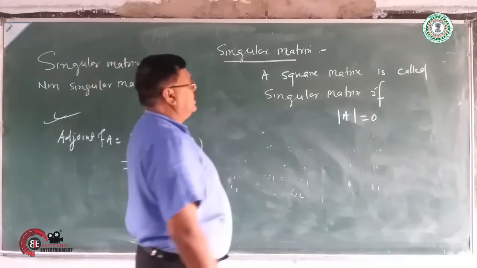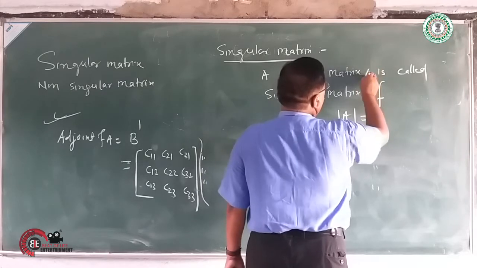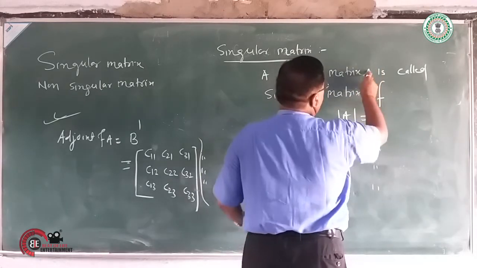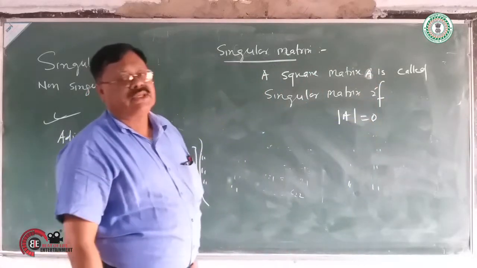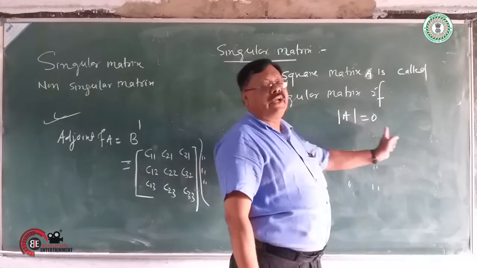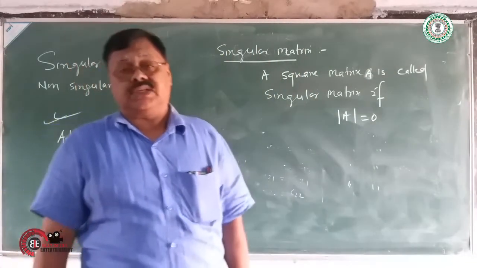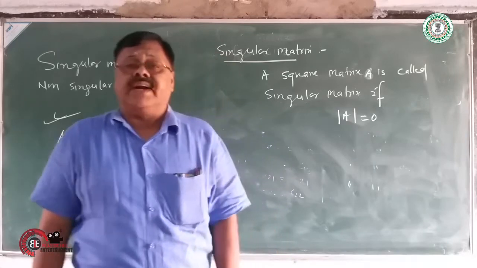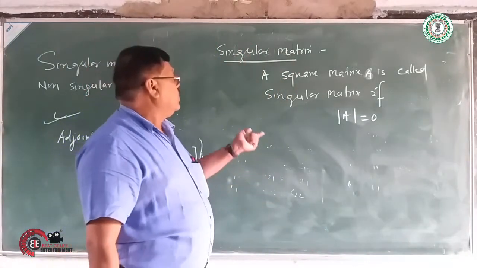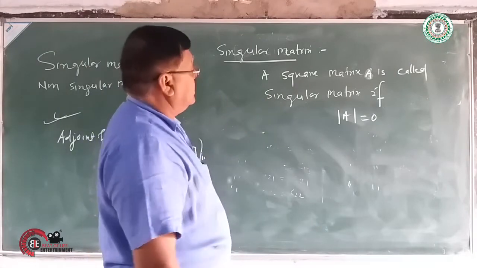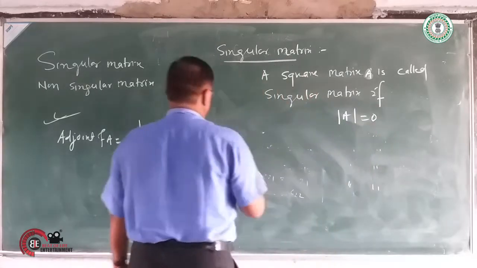A singular matrix must be a square matrix; only a square matrix can be singular. So a square matrix is called a singular matrix if the determinant of A is equal to 0.